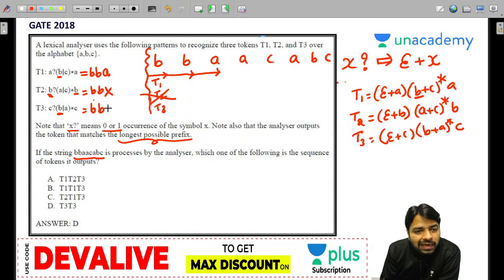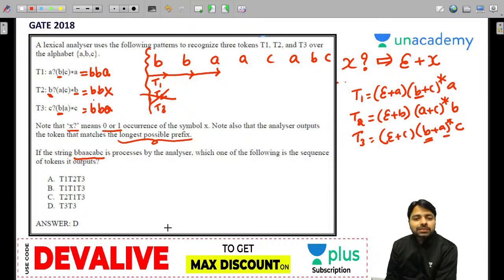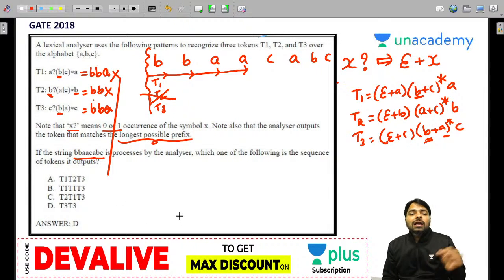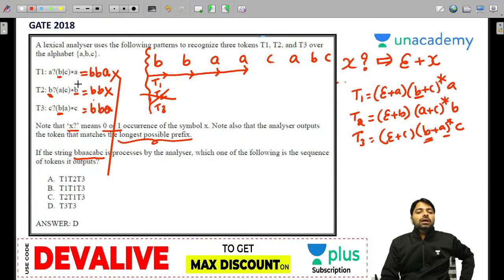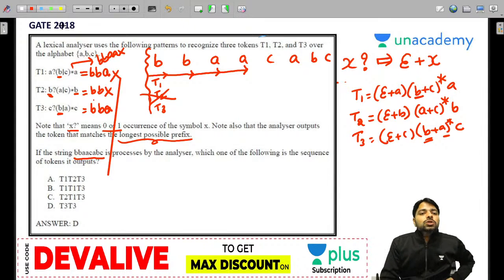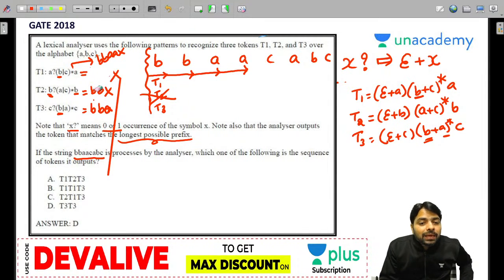And T3, can I have A? Yes, because I can get B, A. Now I am going for this next A. T1 failed because in T1 double B double A is impossible. So T1 failed, guys. And T2 already failed when I was taking BBA.